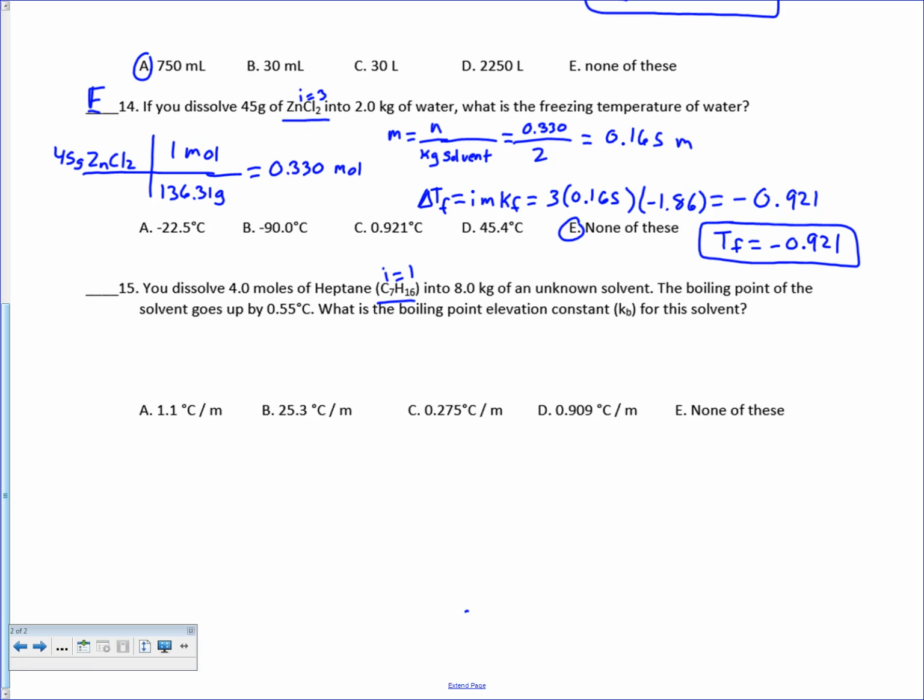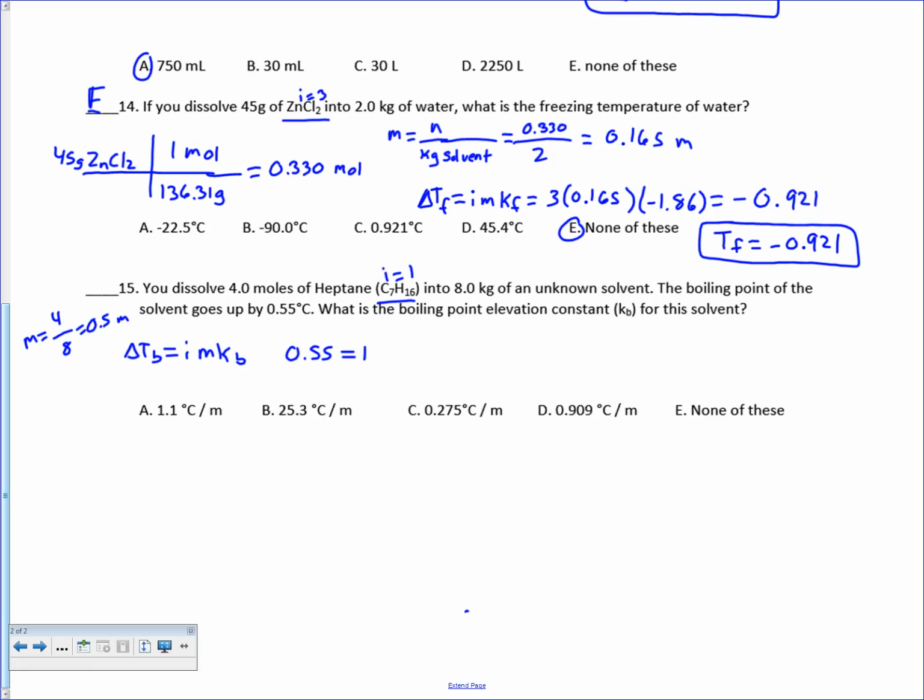Putting this in here, we know the change in boiling temperature equals i times the molality times the Kb. We are trying to determine the Kb. The change in boiling temperature was 0.55 degrees Celsius. I said the Van 't Hoff factor is 1. The molality we have to calculate: molality equals 4, the number of moles of your solute, over the kilograms of solvent, which equals 0.5 molal.